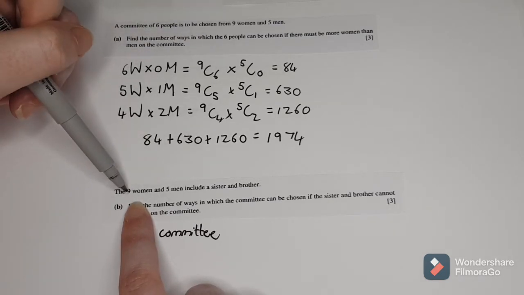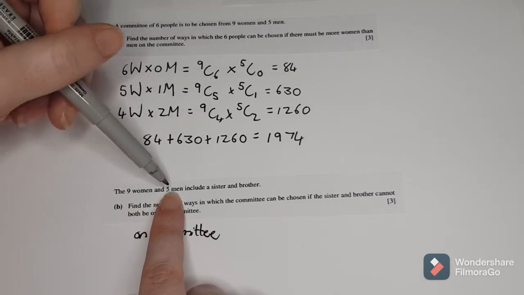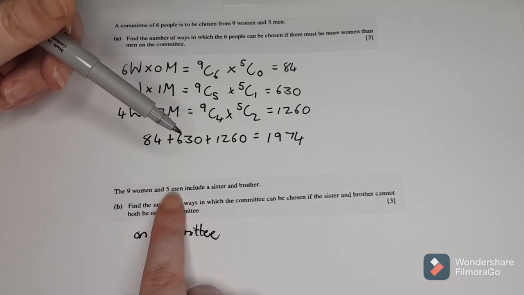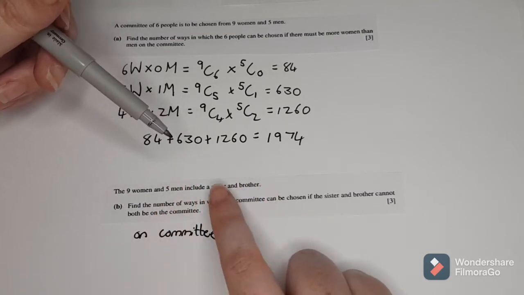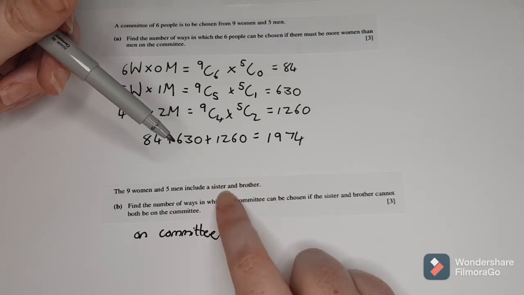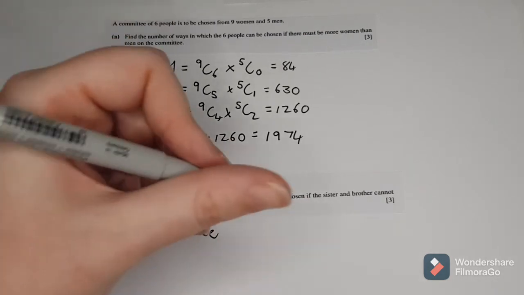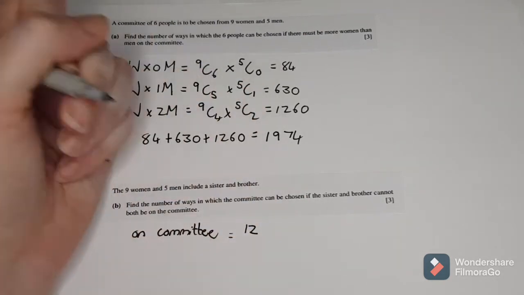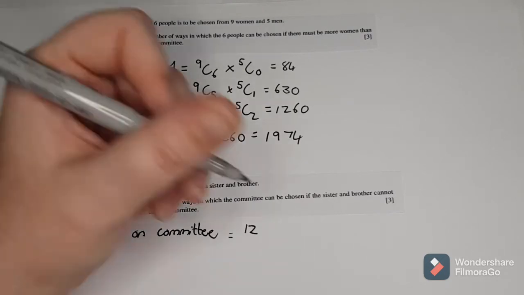So we had 9 women and 5 men. When you add that together, there were 14 people to choose from. But now you've taken the brother and the sister out. So that means there are only 12 people left to choose from.